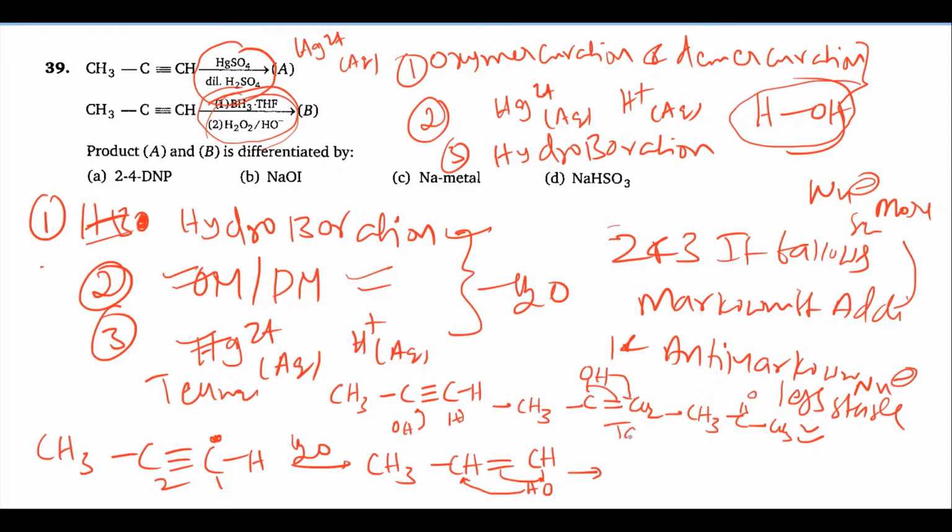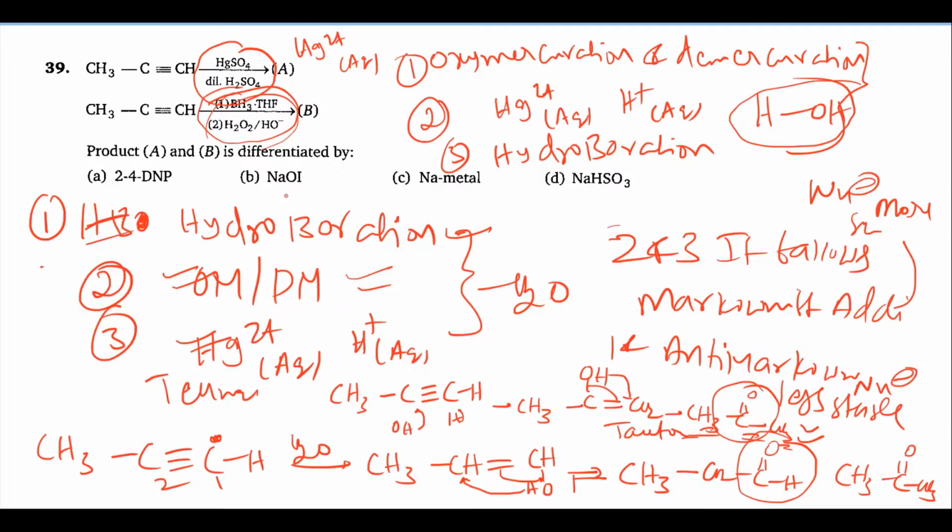Then CH3 CH2 CHO. Here a ketone, here an aldehyde. So these two are differentiated. The first one gives CH3 C double bond O CH3.